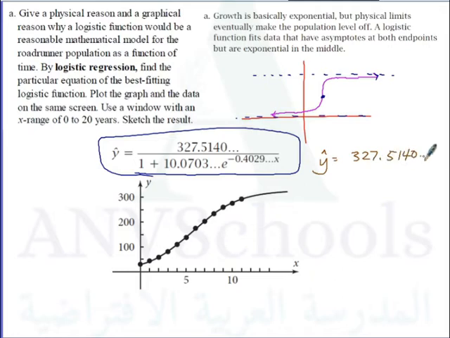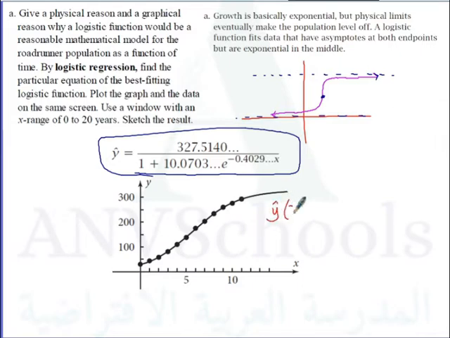Y hat equals 327.5140 over 1 plus 10.0703 e to the negative 0.4029, and your x is 20. Okay, you cannot see the other letters, so let me rewrite it here.